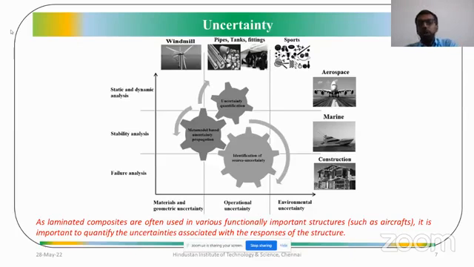So we need to study these analyses: failure analysis, stability analysis, impact analysis, static and dynamic analysis, buckling analysis, in the light of the uncertainty available in the manufacturing. As laminated composites are often used in functionally important structures such as aircraft, it is important to quantify the uncertainties associated with the response of the structure.